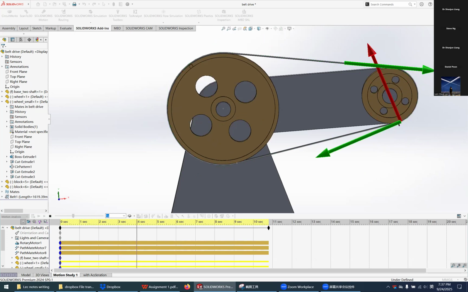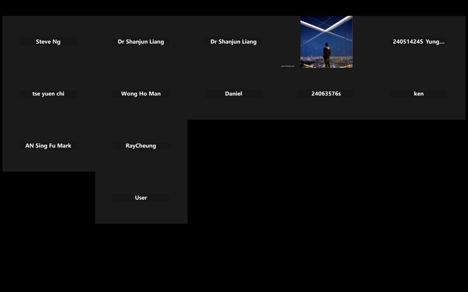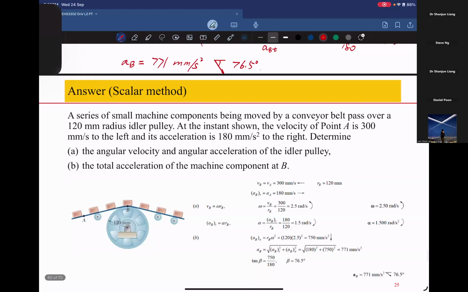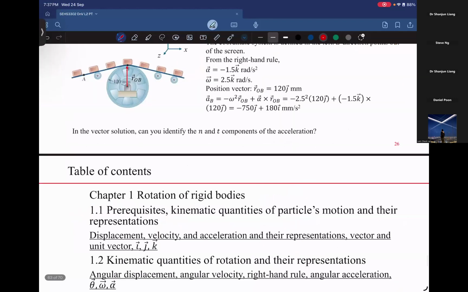And we just stop sharing and switch back to the iPad. And then we consider the belt drive, the drive ratio.